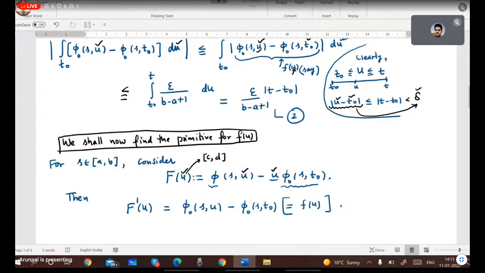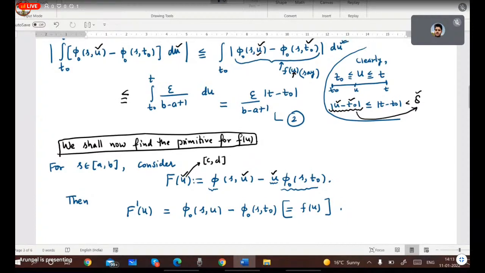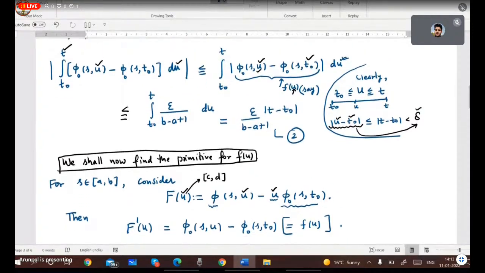So I have been able to find out a primitive for small f.